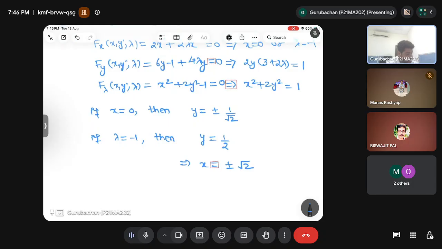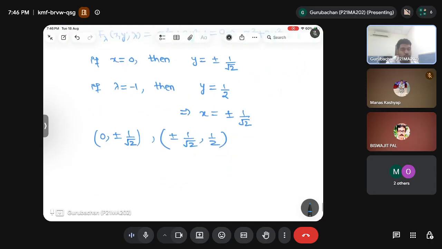Yes, sir, plus minus 1 by root 2. So you have your points 0, plus minus 1 by root 2, and plus minus 1 by root 2, comma half. You have these 4 extreme points.